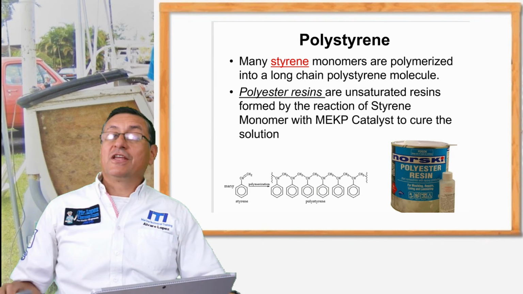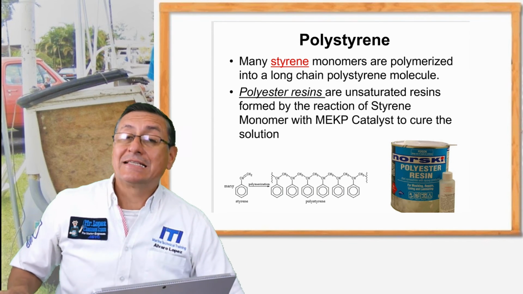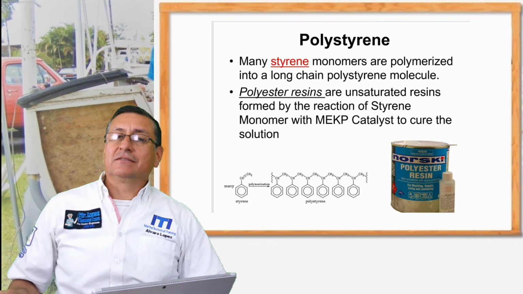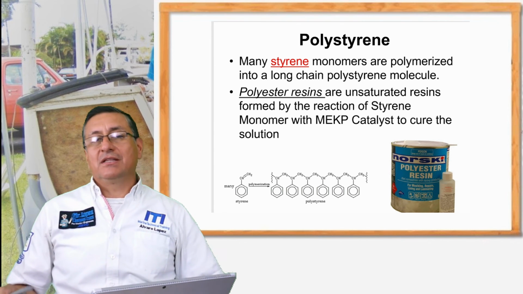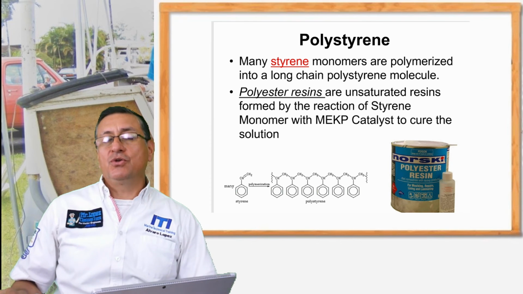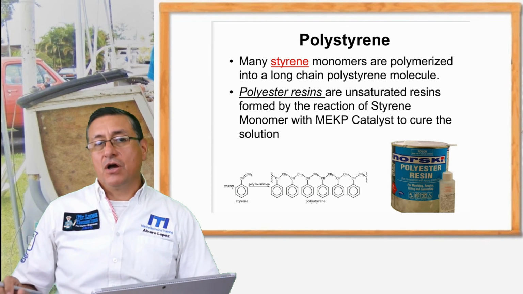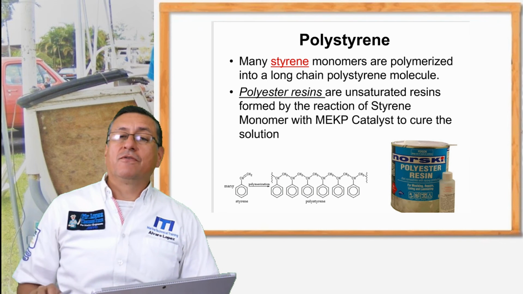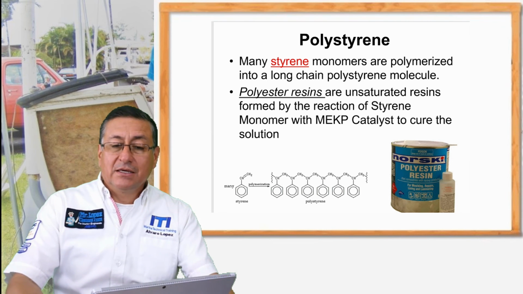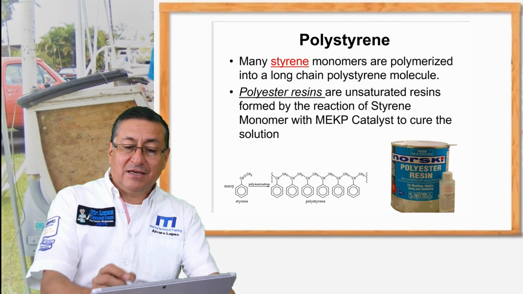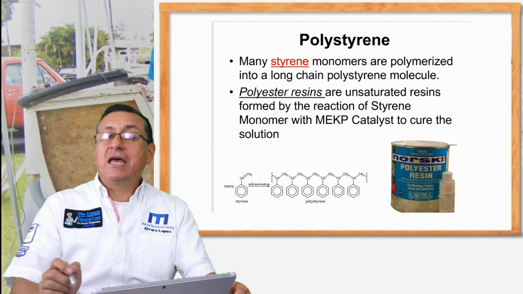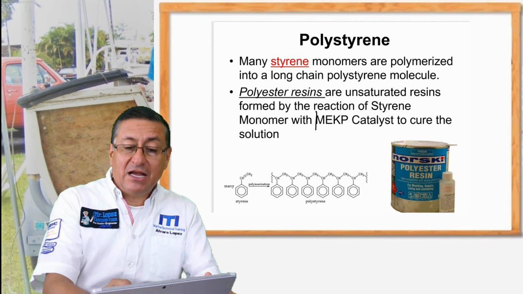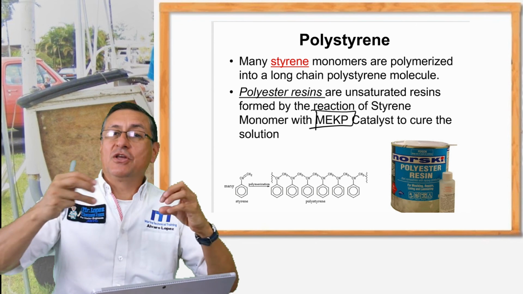And another great example is polyester. Polyester is the resin most commonly used in the fabrication of hulls and marine structures. The monomer of that polymer is the ester, and it is connected together with the MEK. The MEK is the glue in order to connect those monomers.